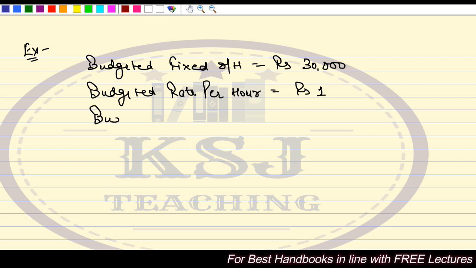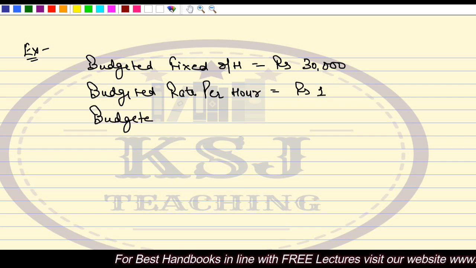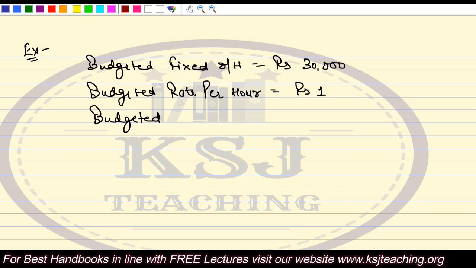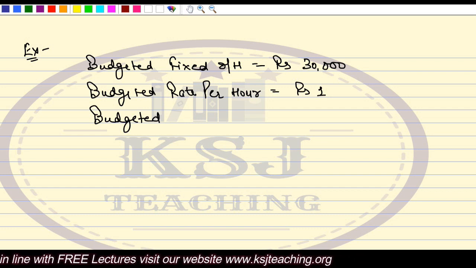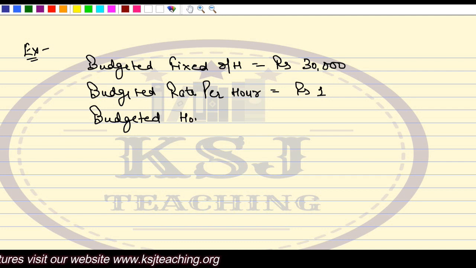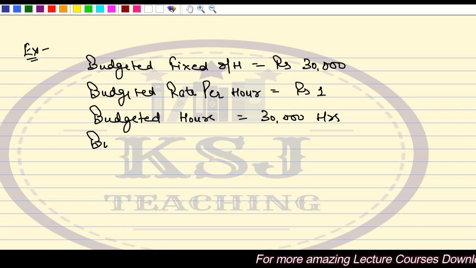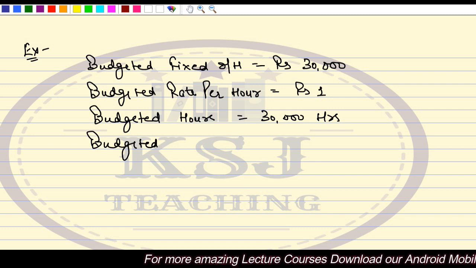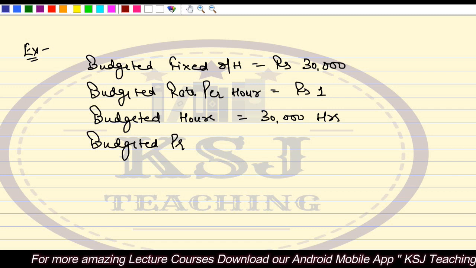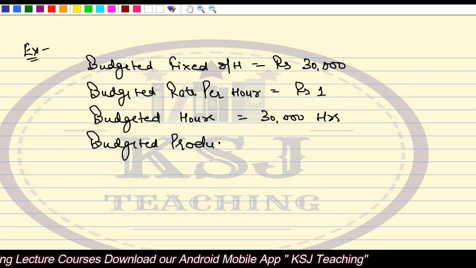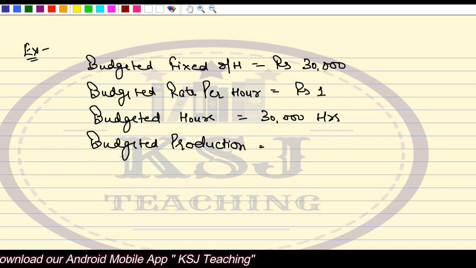Budgeted hours is 30,000. After that, budgeted production is 20,000 units.